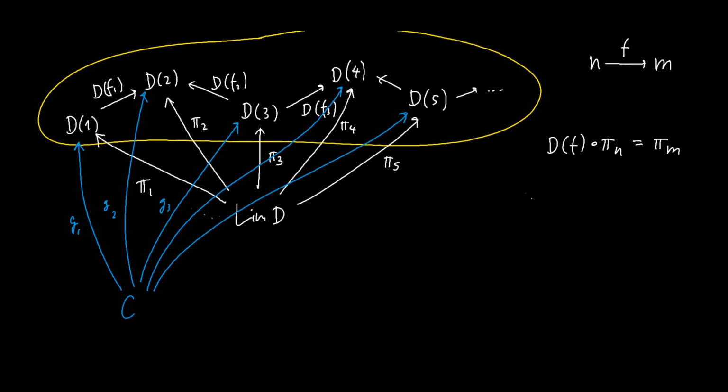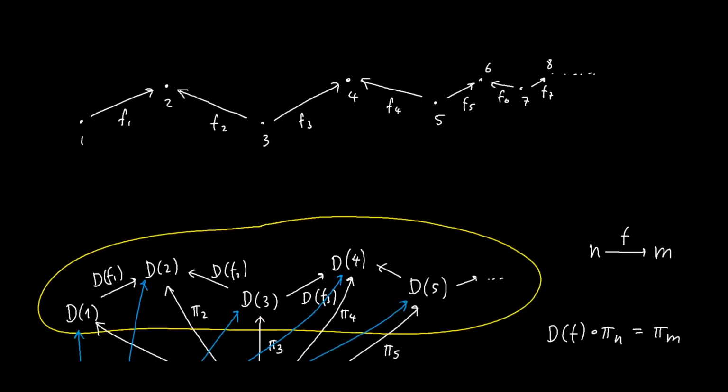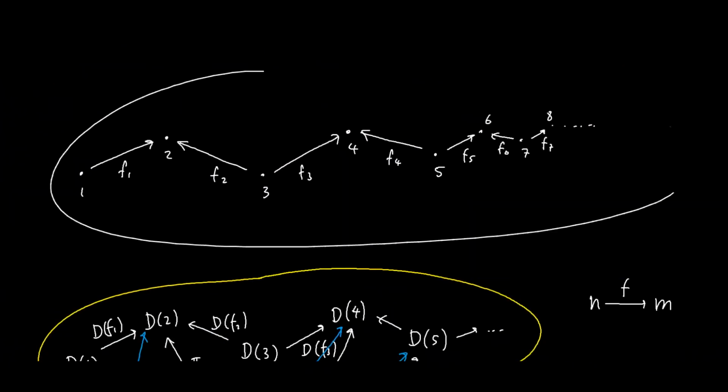So for every such G, and I'm calling this whole blue thing G, because it's just one thing, namely a family of the blue arrows that's indexed by the vertices of this original graph.